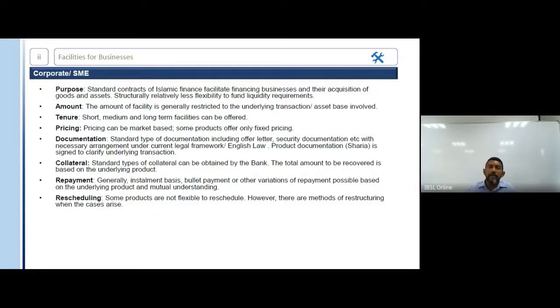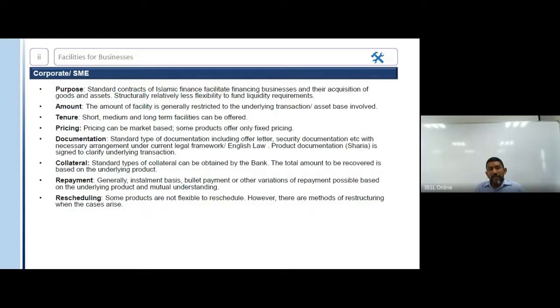By liquidity, what we mean is to manage mismatches in cash flows. We need loans and funding for that, and to purchase assets, we also need funding. And if I may, I will add to asset financing the purchase of inventories also, because for purposes of Islamic finance, we will consider that there.